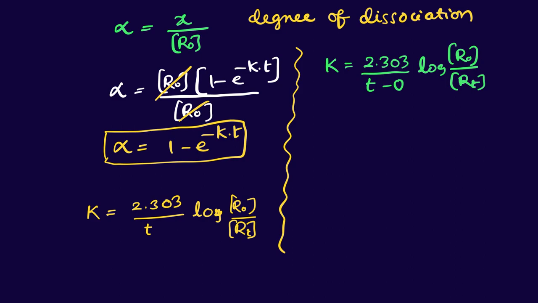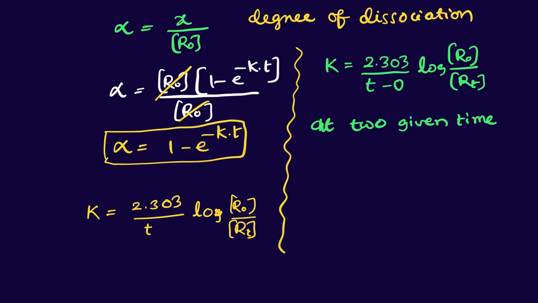Therefore, if zero time is not given, any other time between, say, t equal to 10 second and t equal to 20 second may be given.